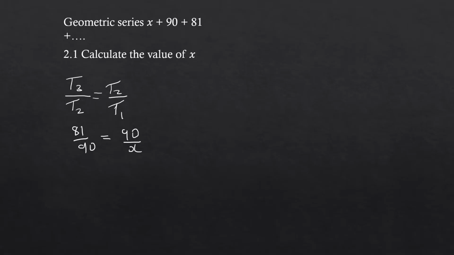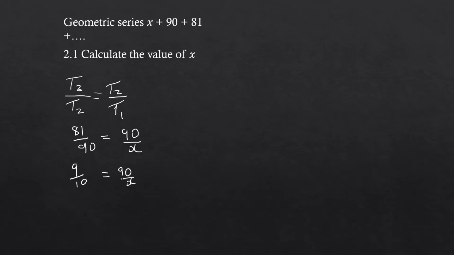Therefore we know that 81 divided by 90 is equal to 9 over 10, which is equal to 90 over x.